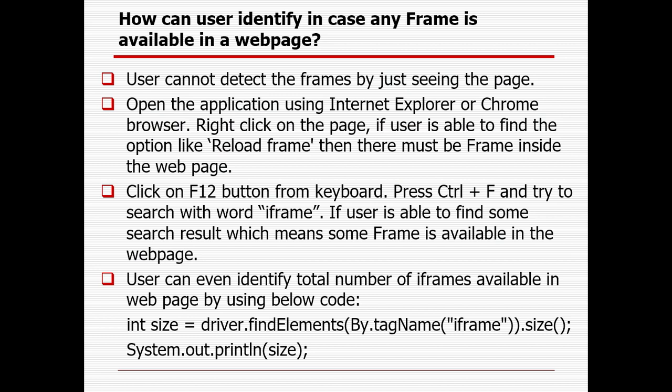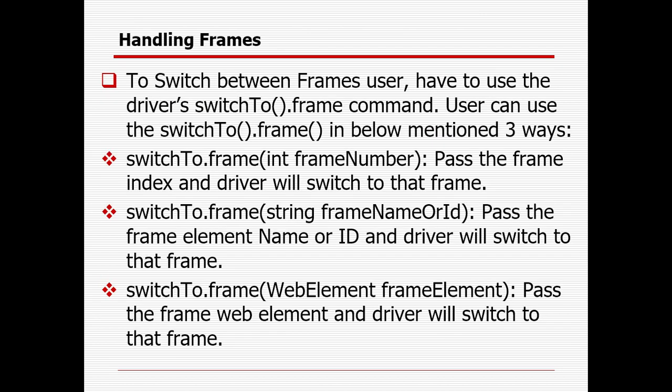So how can we select a frame? There are three options. There is a method switchTo available, and then I can give either the frame number, or the frame ID, or the web element reference, through which I can identify the frame. Then I can interact with the frame and perform all the operations on whatever elements are available within it.